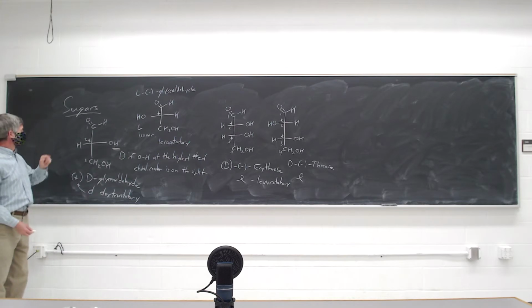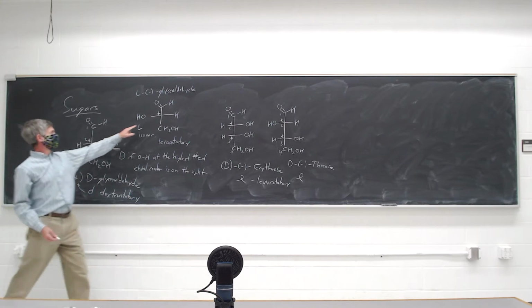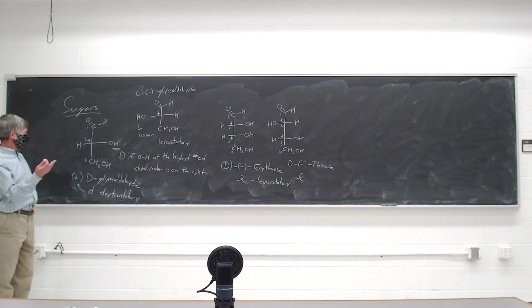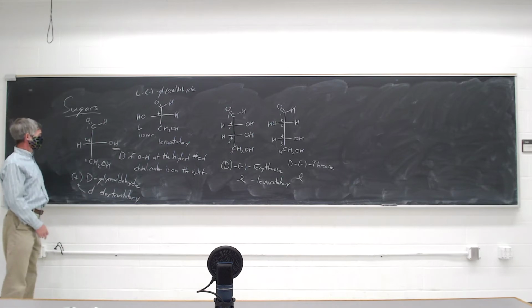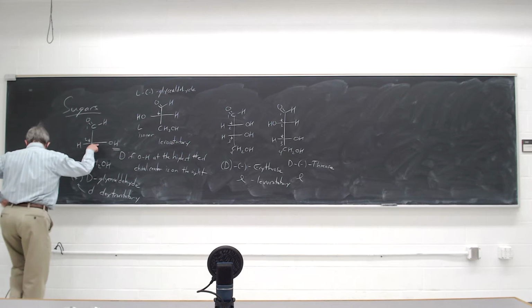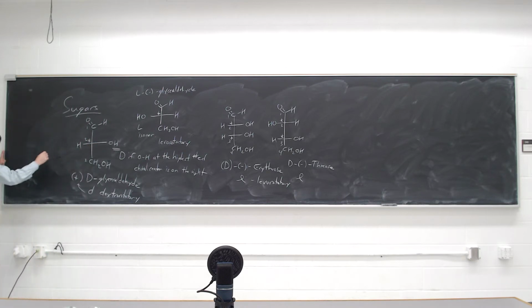What's the relationship stereochemically between this one and that one? Which one's which? So to do that, we first want to do the bow tie conversion to get everything into the dashes and wedges.